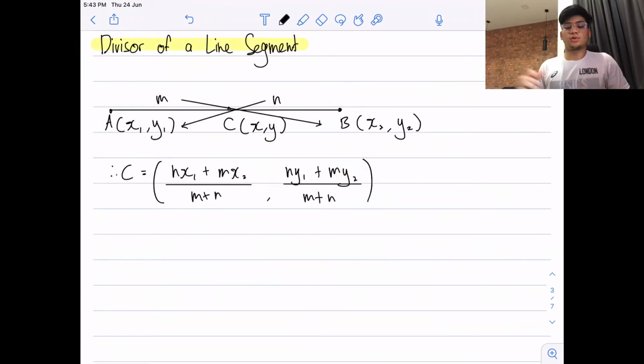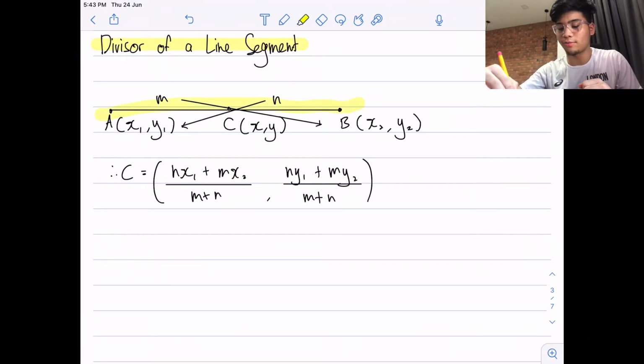Alright, so let's go into divisor of a line segment. This is something like finding the midpoint, but with ratios, basically. The easiest way to explain how this formula works is by creating a line. When you're doing your working, I always recommend drawing this line over here, right? It really makes you imagine how it looks.